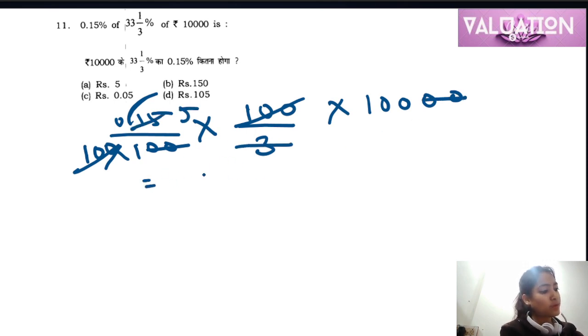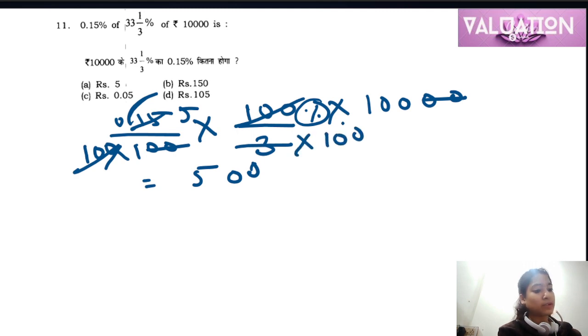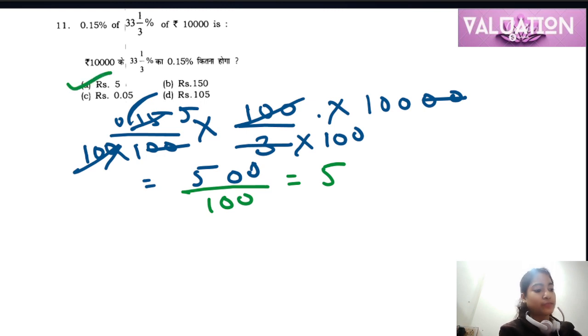So the answer will be 500. One more 100 will come here because it is in percentage. When we remove this percentage, we get one more 100 here. So divide it by 100. So we will get 5. So the answer is 5. Simply what we have done, we simply multiply all these and remove the decimal and percentage. While removing the percentage, 100 will come below. Let's move to the next question.